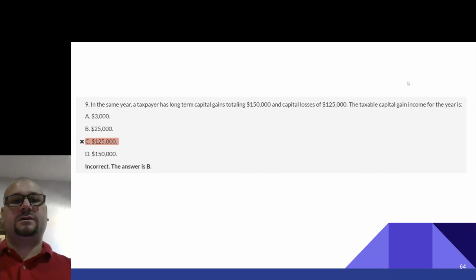In the same year, a taxpayer has long-term capital gains totaling $150,000 and capital losses of $125,000.